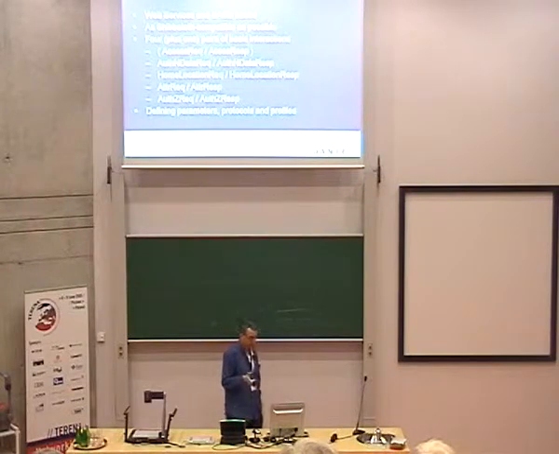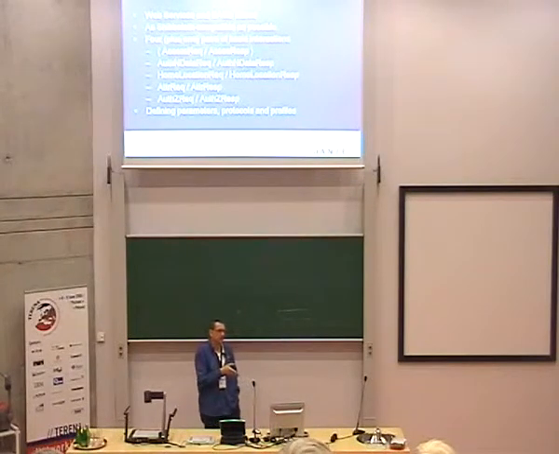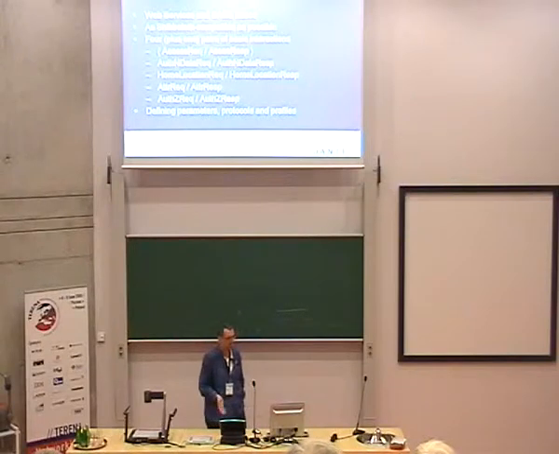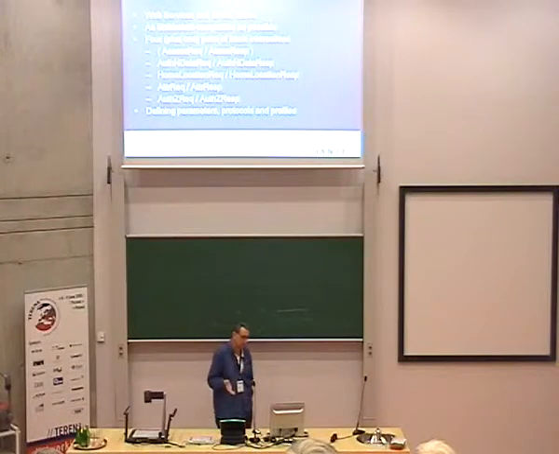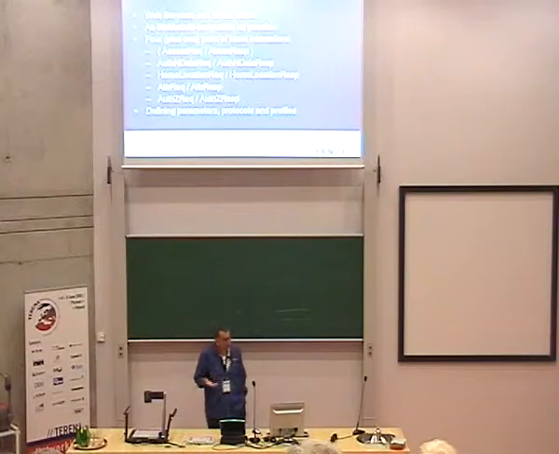Apart from that, we have defined authentication data request, authentication data response, home location request, home location response, attribute request, attribute response, authorization request, authorization response. We are now in the process of defining parameters, protocols, and profiles.